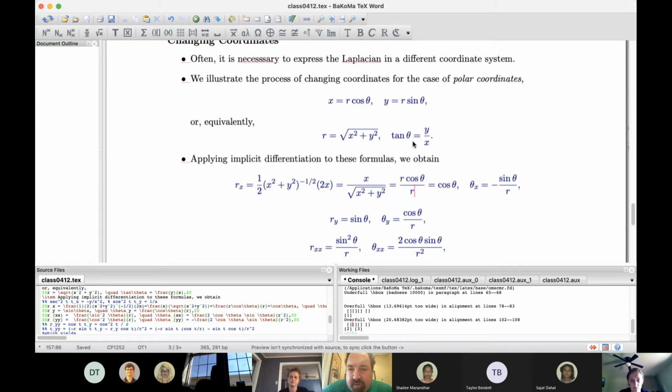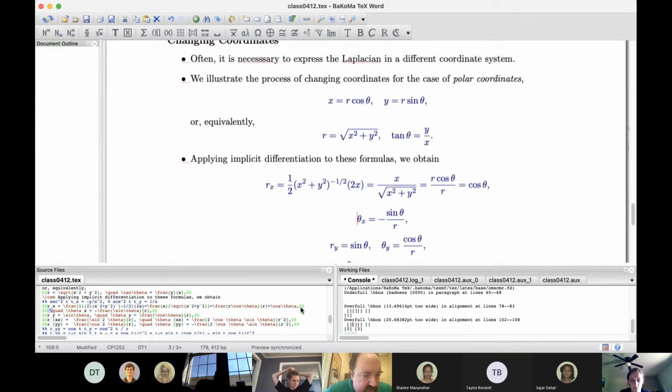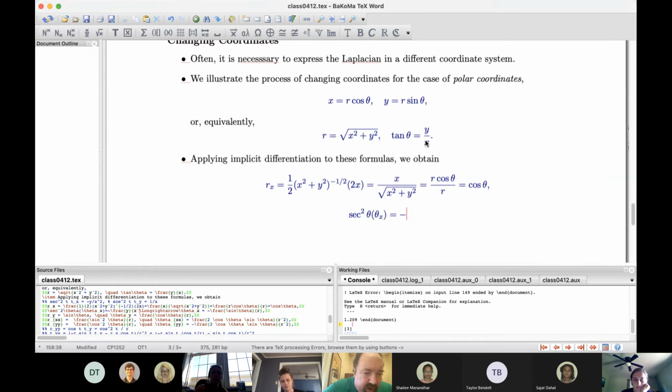So if I take a derivative of both sides of this equation with respect to x, what I would get is the derivative of tangent, so that would be secant squared theta, times d theta/dx, is going to be equal to the derivative of this with respect to x, but that's just going to be minus, so y we treat as a constant, and the derivative of 1 over x would be minus 1 over x squared.